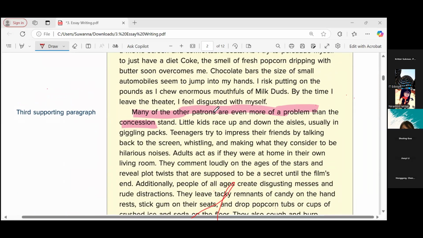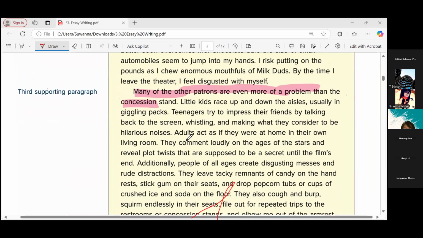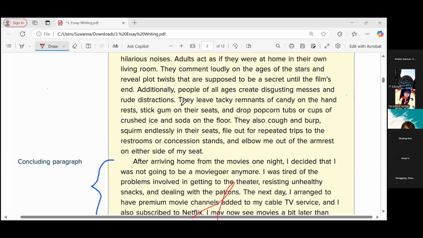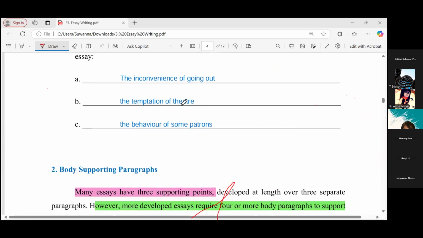And then this is the last point, and this one is the topic sentence for the third paragraph: "Many of the other patrons are even more of a problem than the concession stand." Right. And let's see what is my second question.